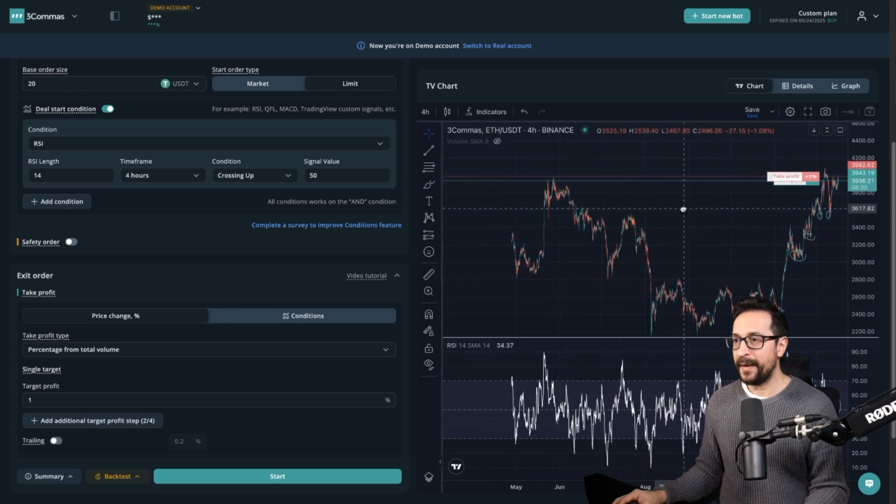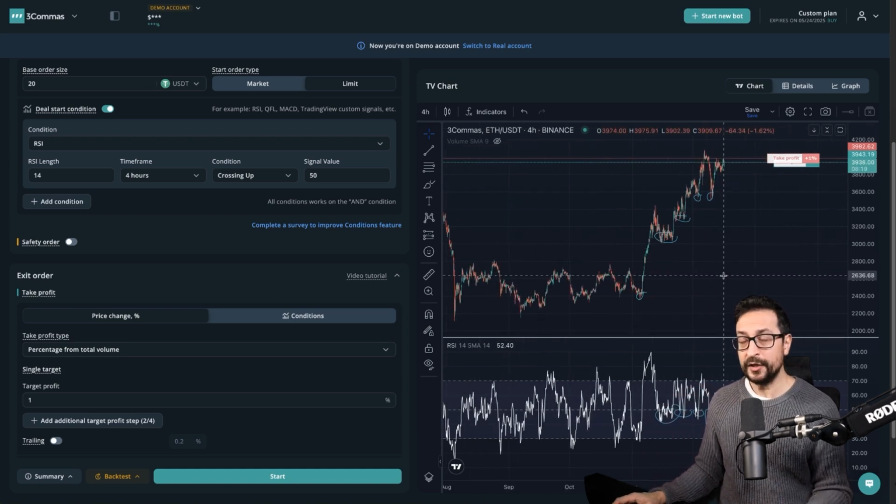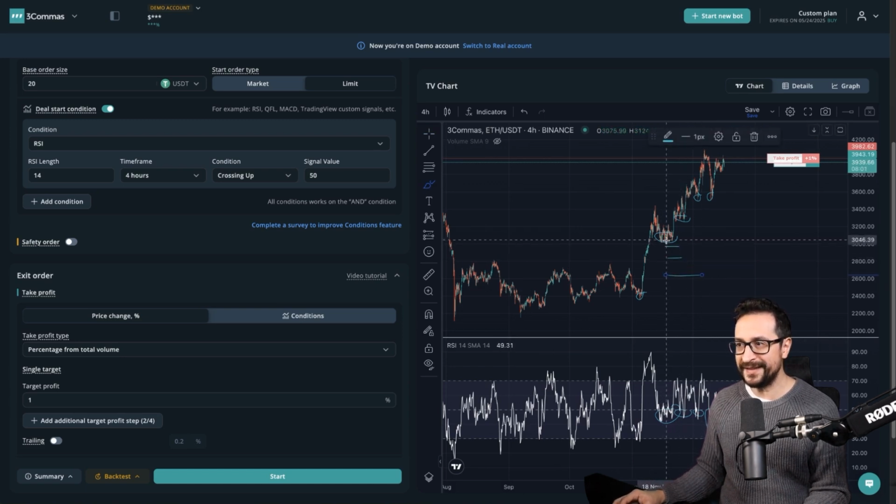But going back in time on this area of May, summer, you can see that those entries wouldn't have been great. So it's key as well to do those observations in the chart and to practice as well with paper trading bots. DCA orders in here wouldn't really be great because the price after the entry doesn't really go that much down to fill further orders.